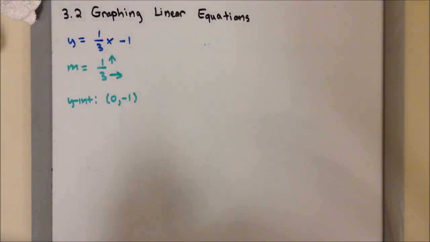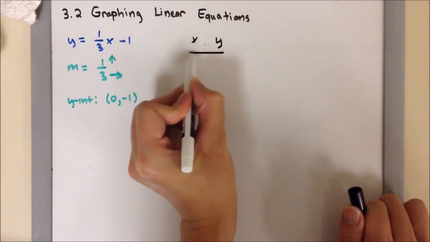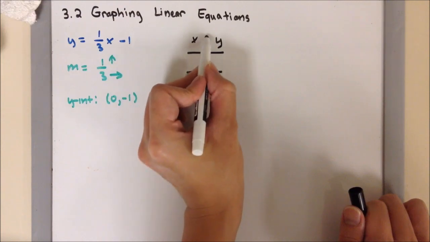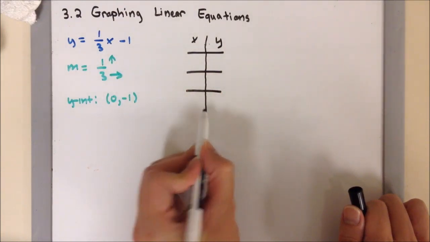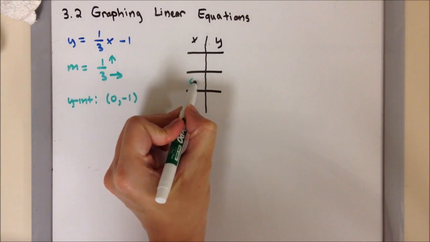Now, I'm going to make my xy table. When you're doing the xy table, you're still safe to use 0. I'm going to put 0 in the middle.